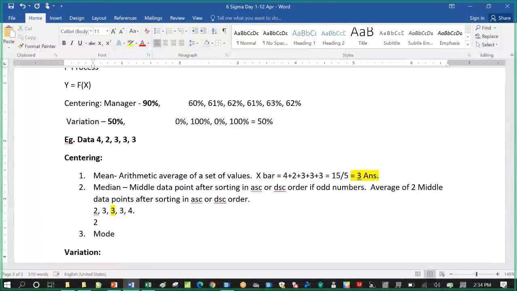What if you have data like 2, 3, 4, 5, 6, 7? What will be the answer?